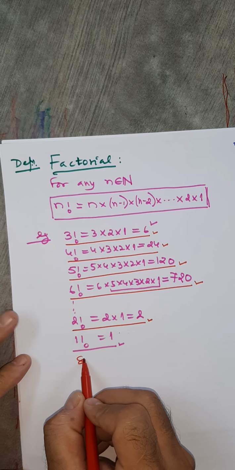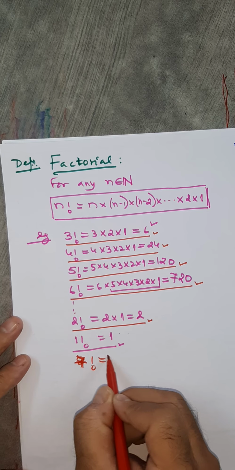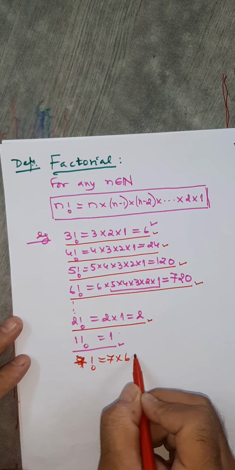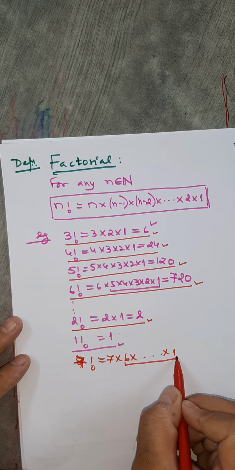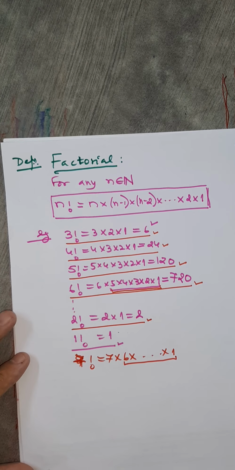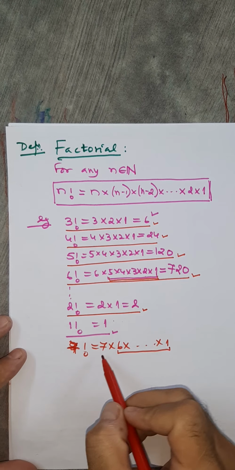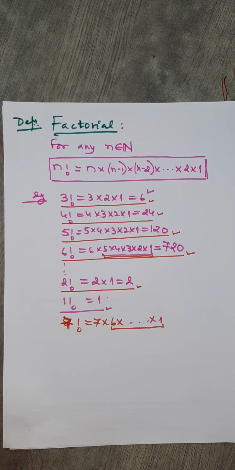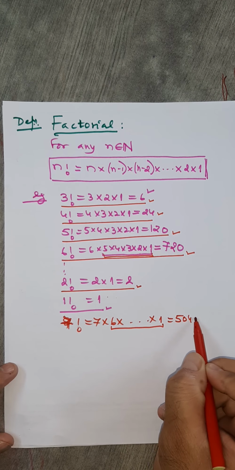What is next, 7 factorial? That is 7 into 6 into and so on up to 1. Now this much is 6 factorial, which you know is 720. So 720 into 7 will be 5040, and so on.